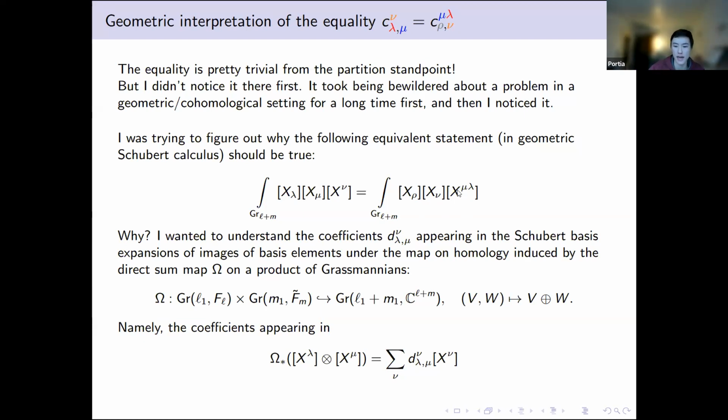Okay, so why did I care about this equality in its geometric incarnation? Well, I wanted to understand some coefficients, which I'll call d lambda mu nu, that arise when you expand the images of some basis elements of the homology of the product of Grassmannians under the direct sum map to a larger Grassmannian, and you want to know how you can write that as a linear combination of basis elements of the homology over here.